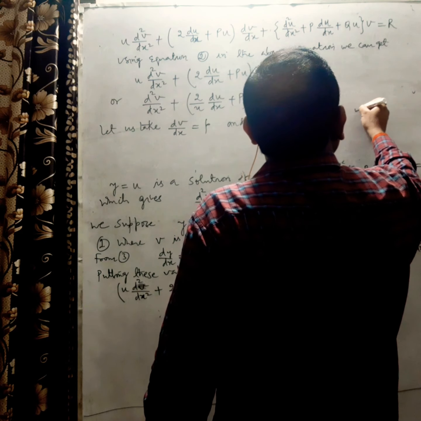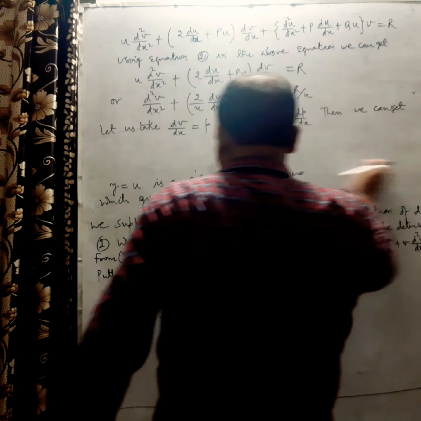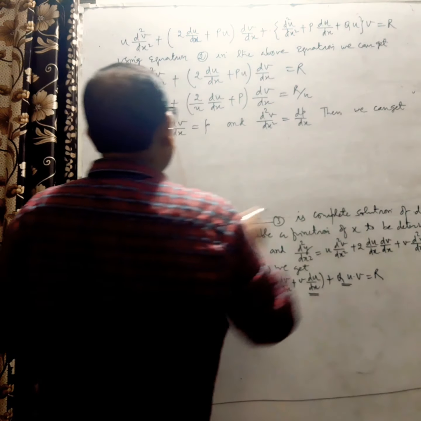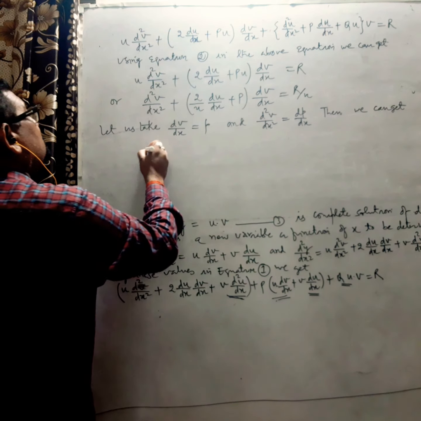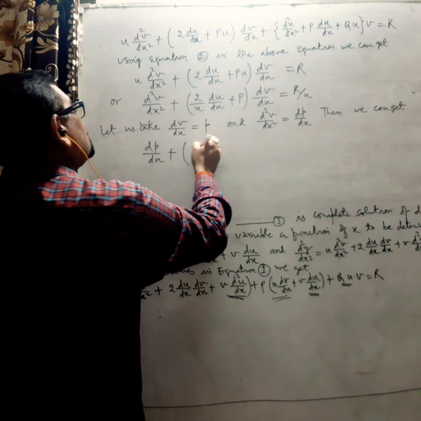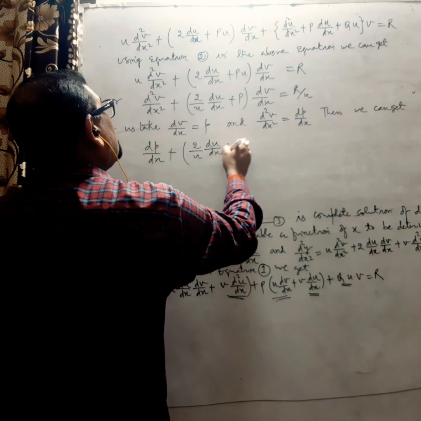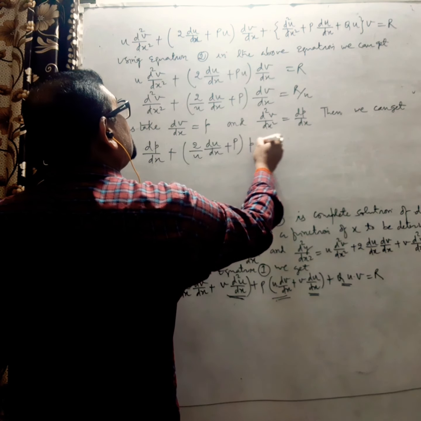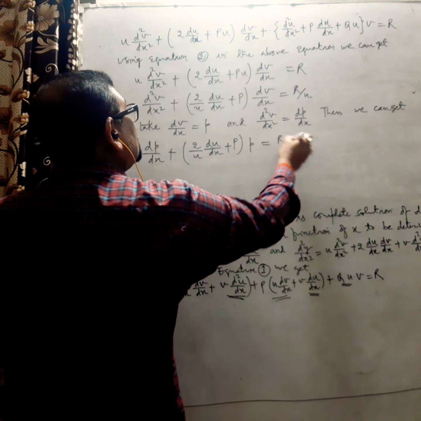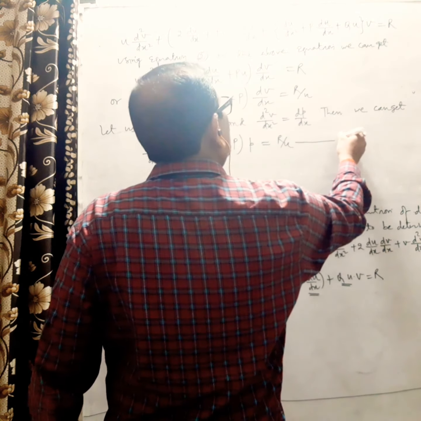Then we can get dp upon dx plus 2 upon u du upon dx plus capital P small p is equal to r by u. This is equation number 4.